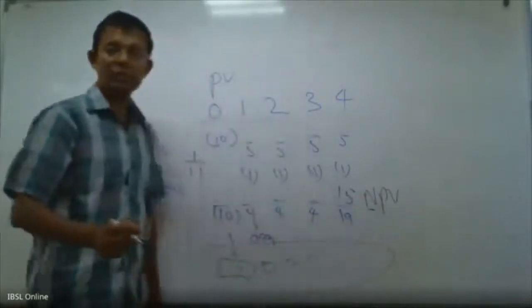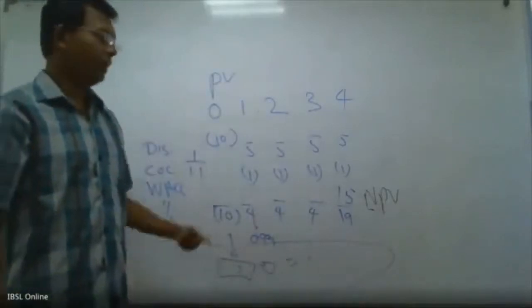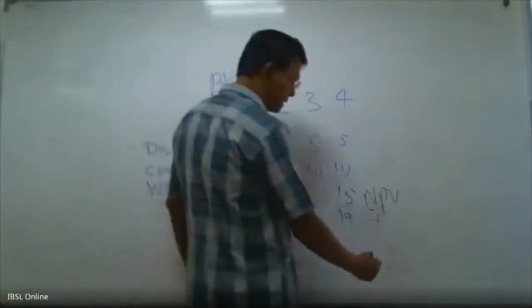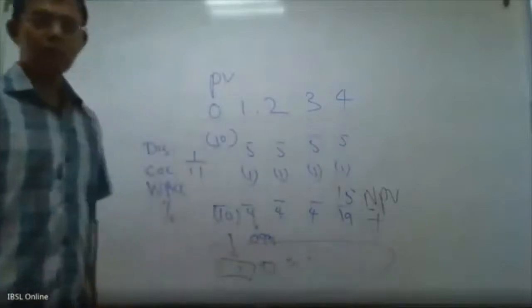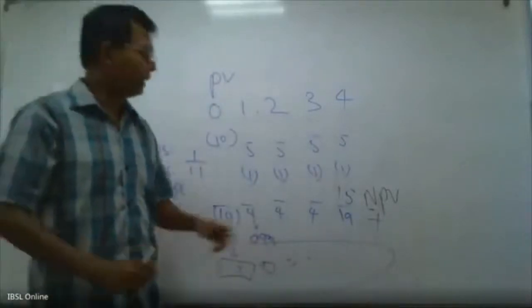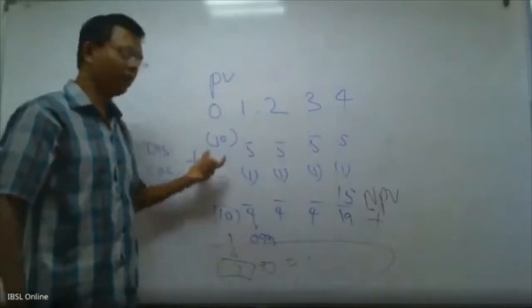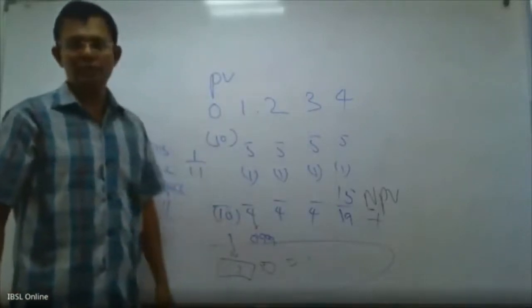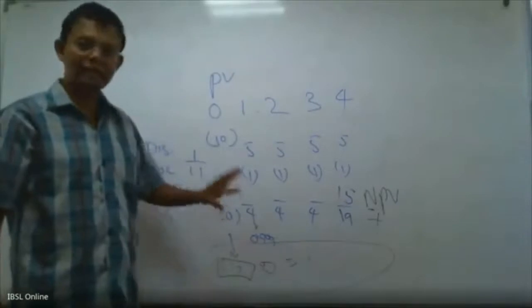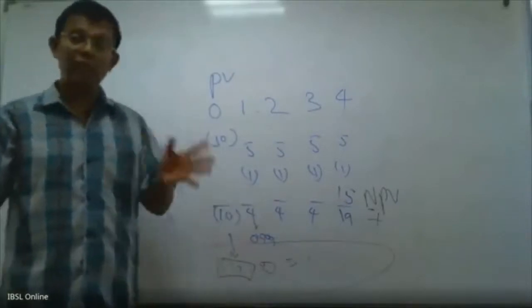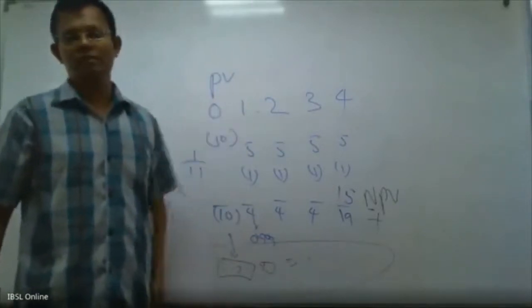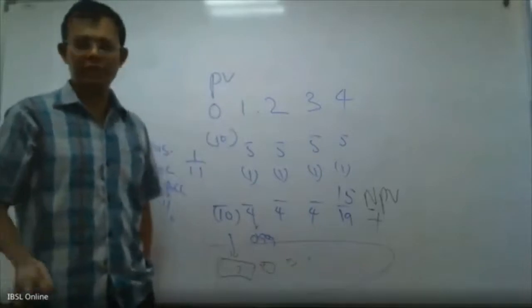Net present value. If the net present value is plus, you accept. Why do we call it NPV, net present value? Here you have a figure for year 0 as well. That's why we call it net. Otherwise, in the bond calculation, you find the present value. There is no NPV there, right?